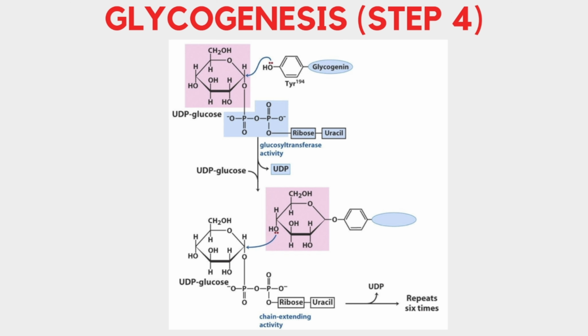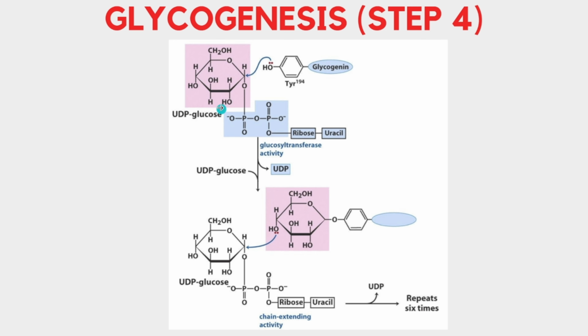Hence the initiation of glycogen synthesis requires a primer known as glycogenin. This is what we call the primer. This structure acts as the primer. So your UDP glucose will link with the tyrosine hydroxyl group of the glycogenin, causing the release of the UDP.